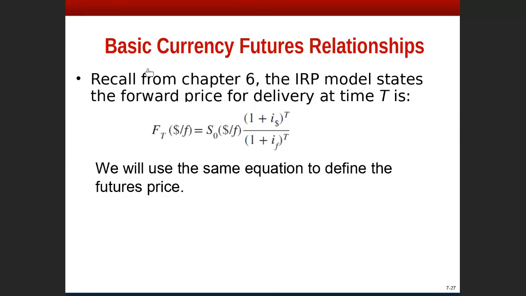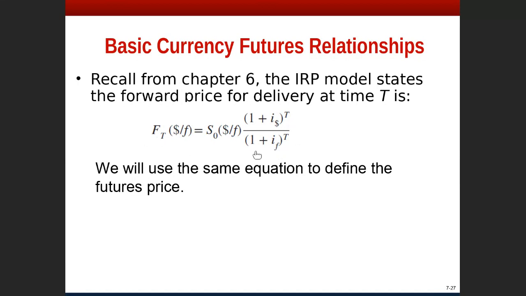Now, this is the basic currency futures relationship. Recall from chapter 6, the interest rate parity model states that the forward price for delivery at time T is given as shown here. We saw this in chapter 6.